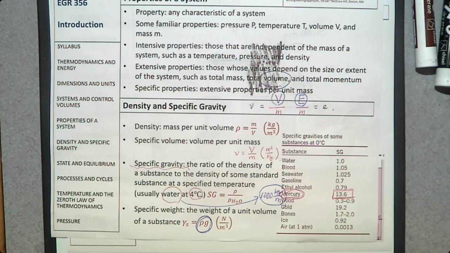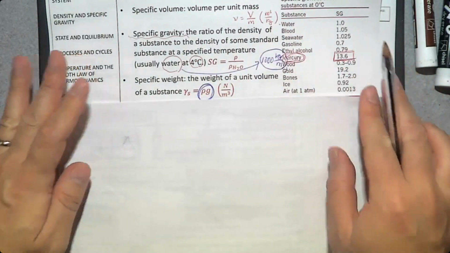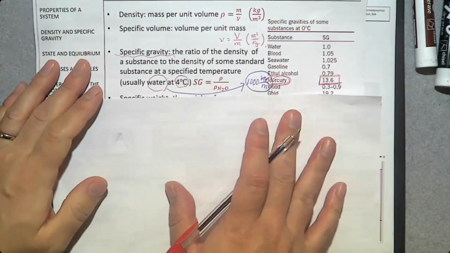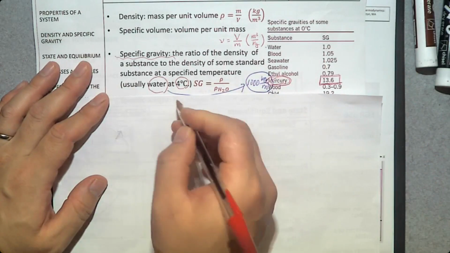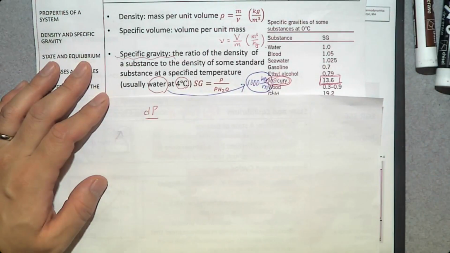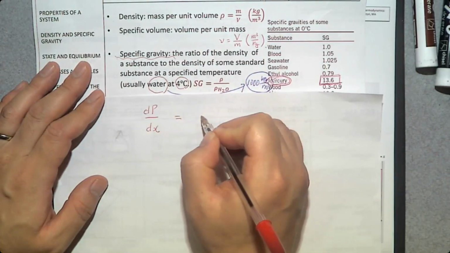Mathematically, how do you express the change of a property? You can also do that by using a gradient, the pressure gradient, dP over dx.